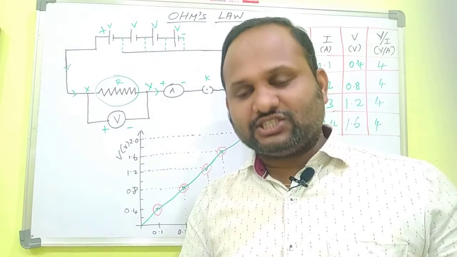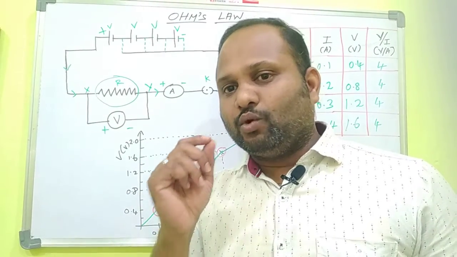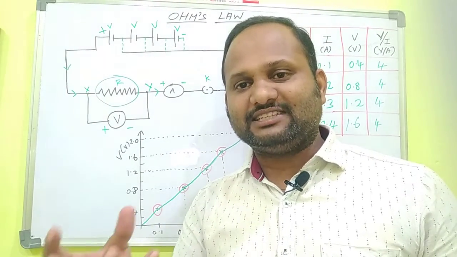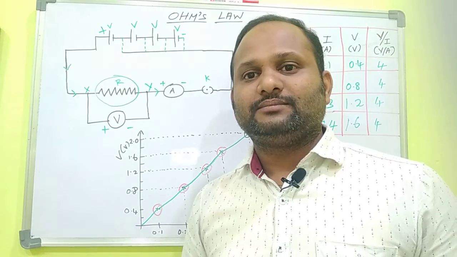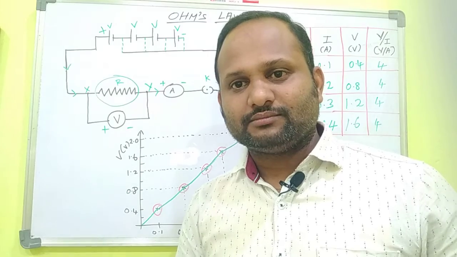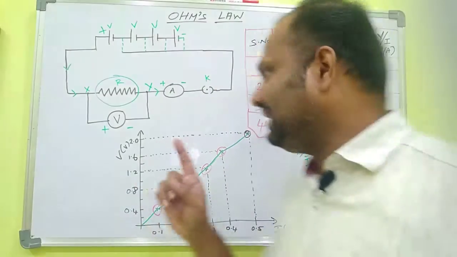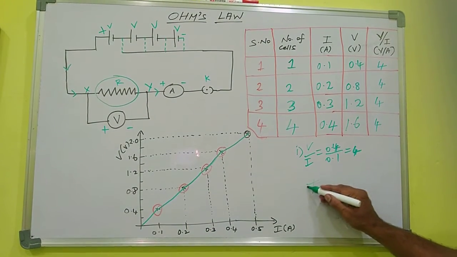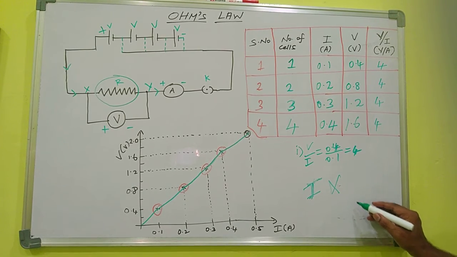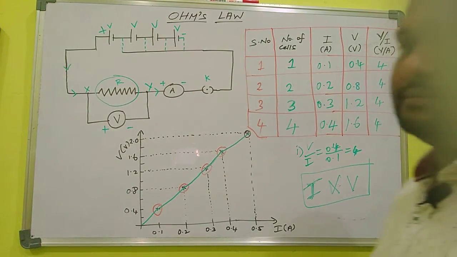So there is a relationship between potential difference and current. George Simon Ohm is the scientist who stated a law called Ohm's Law. State Ohm's Law: at a constant temperature, the steady current flowing through a conductor is directly proportional to the potential difference between the two ends of the conductor.